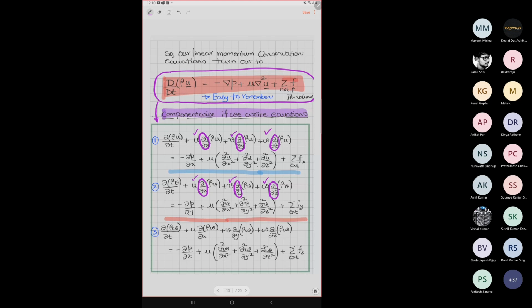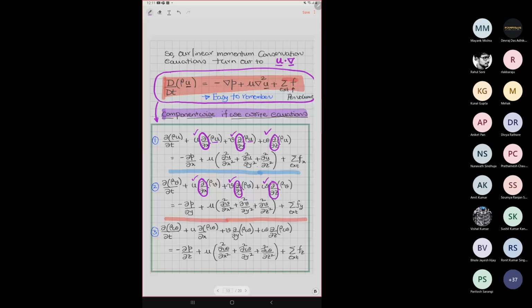It is more like your u dot del term. Now, u dot del applied on rho u, rho v, rho w.